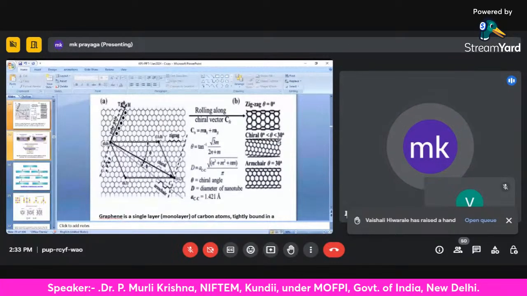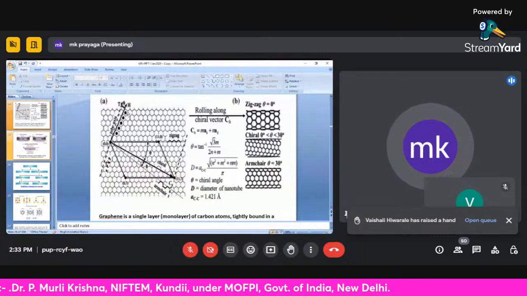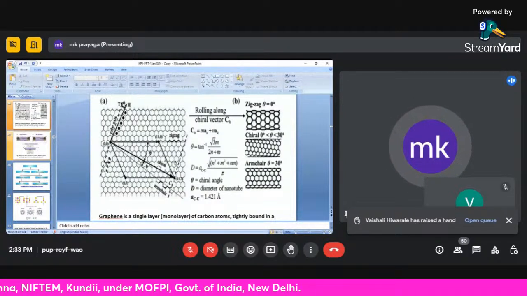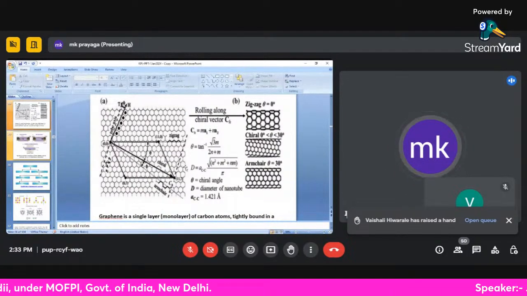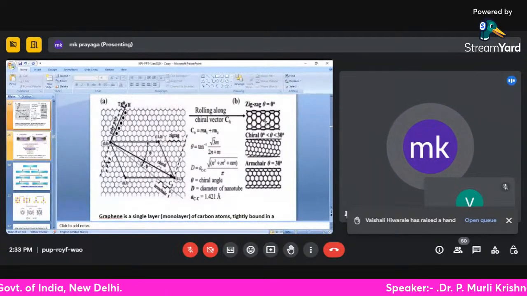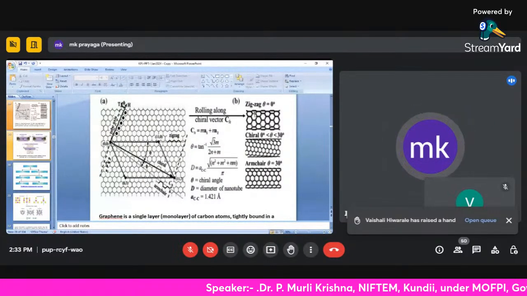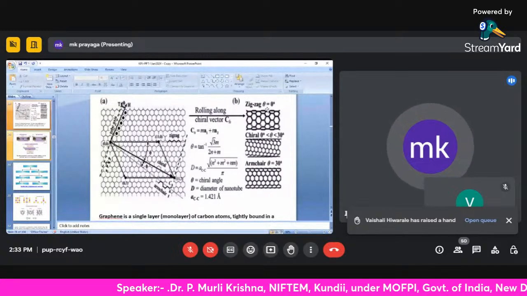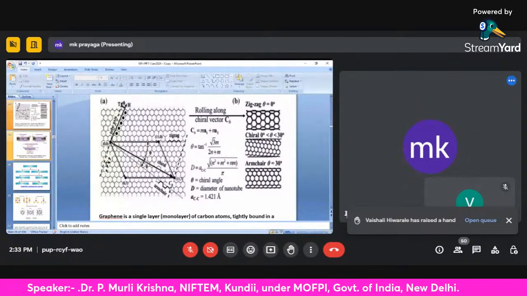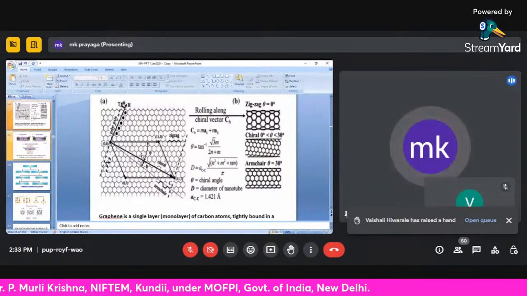Of course, this is the graphene structure. I think again this is important for getting the particular property. These have three different structures: zigzag, chiral, armchair. Okay, so in zigzag, theta is equal to 0. That means this theta is the angle of the chiral vector.